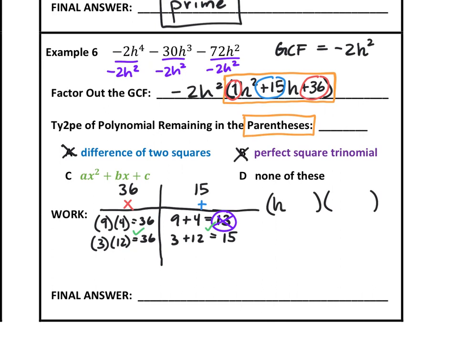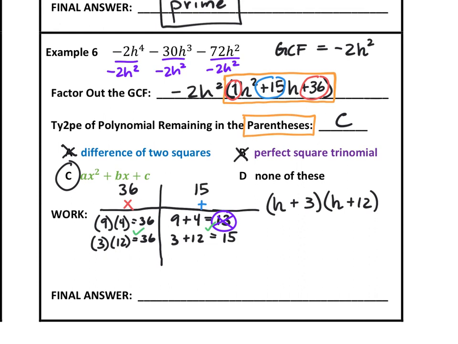The letter was H, right? The numbers that worked were positive 3 and positive 12. Okay, so the table method worked. So I'm going to say that the type of situation that I have is C.